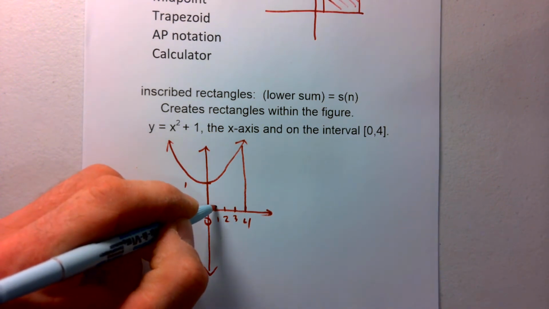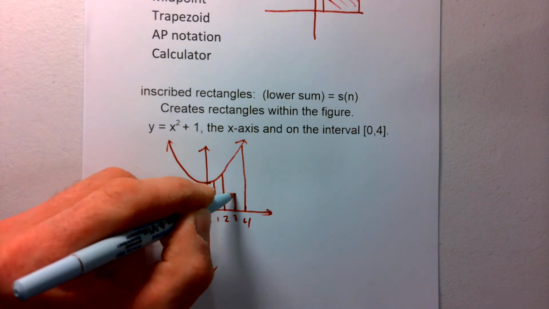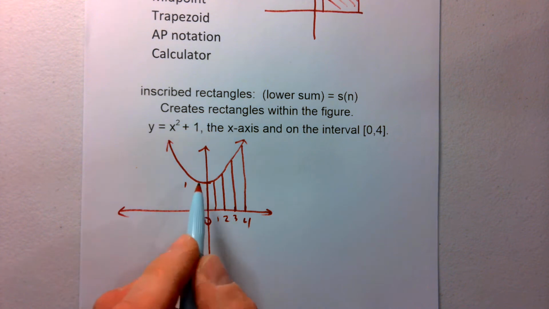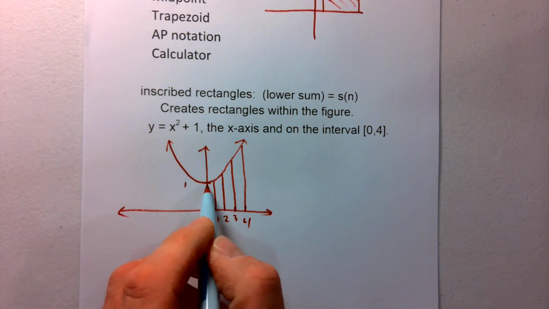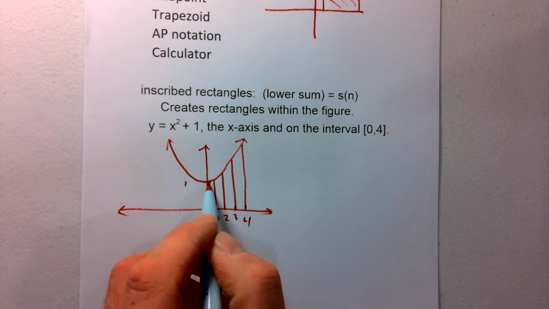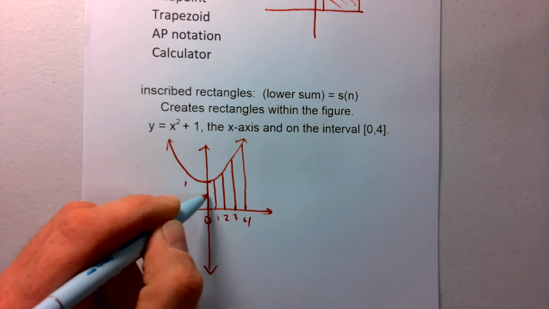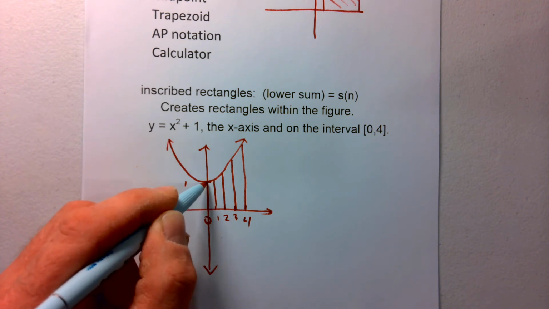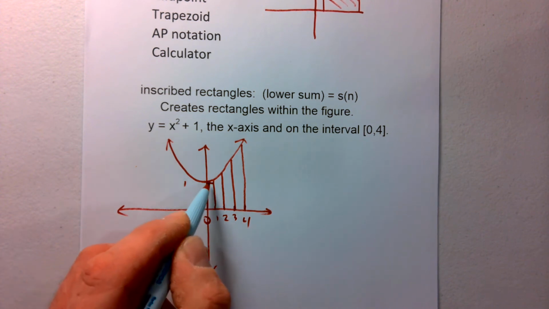And we're going to create smaller regions of this graph. For the inscribed rectangles, we're going to create rectangles on the inside of the graph. So we go from 0 to 1. We're going to take the lower or the shorter bar and create a rectangle within that region.